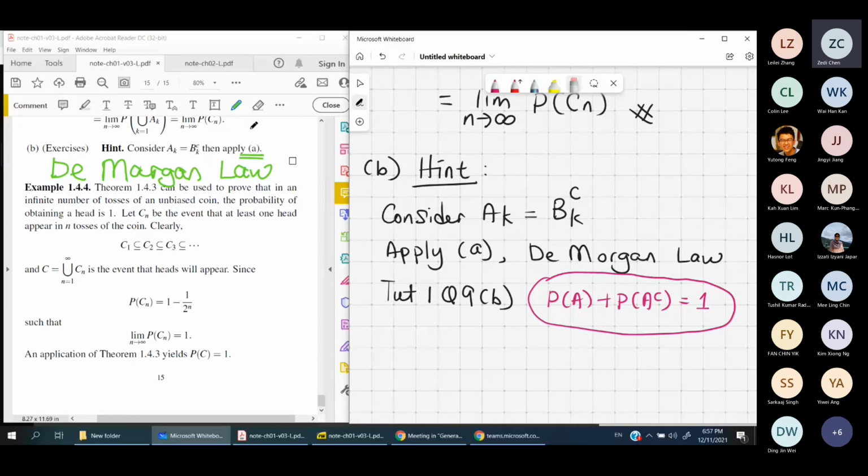All right, so let's come to this one. We can apply this formula to derive a conclusion here.